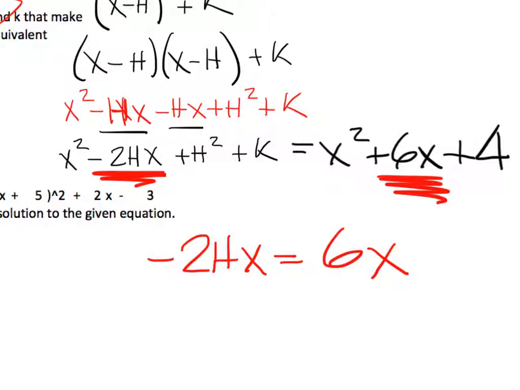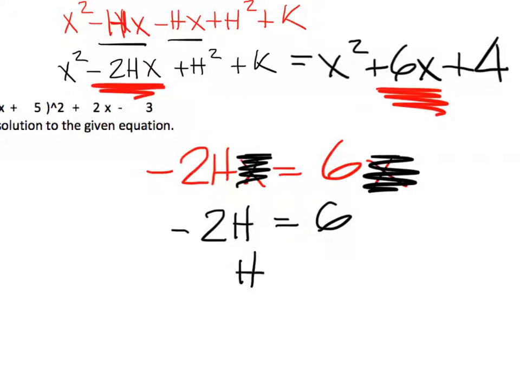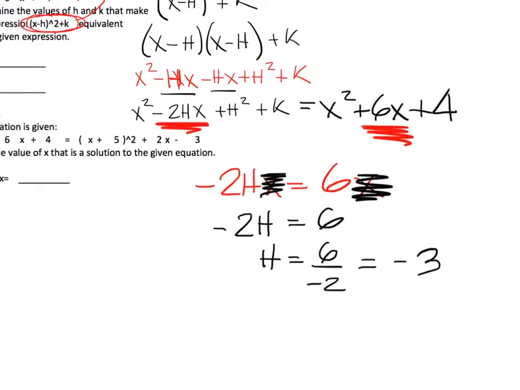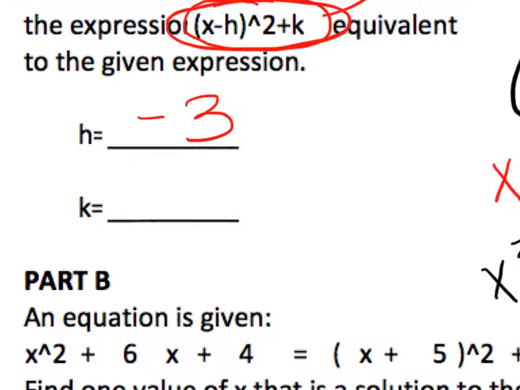And if it is, then couldn't we just delete the x's? Because when you have the exact same term in the exact same spot on either side of an equation with the same sign, they're just gone, leaving you with negative 2h equals 6. And in this case, 6 divided by a negative 2 is negative 3. We have found h to be negative 3.